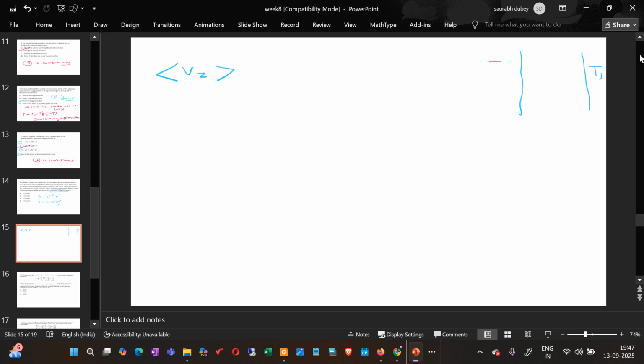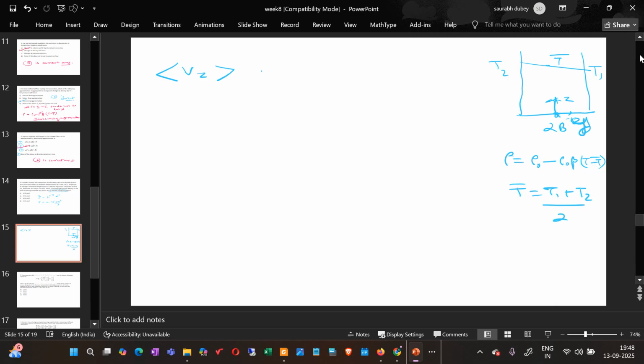This is t1, this is t2, this is t bar. Here you are having distance 2b. Center is this z. Center is z y. Okay, and you are having this density equals to density naught minus density naught beta t minus t bar, and t bar is what? t1 plus t2 divided by 2 that we have seen.